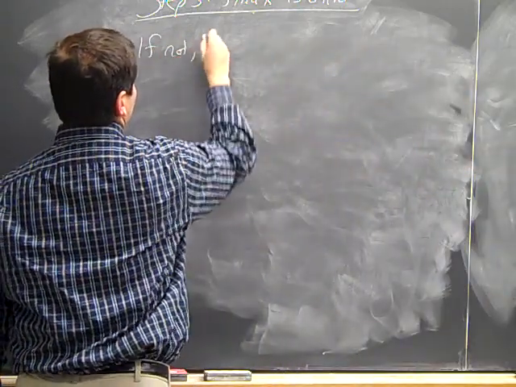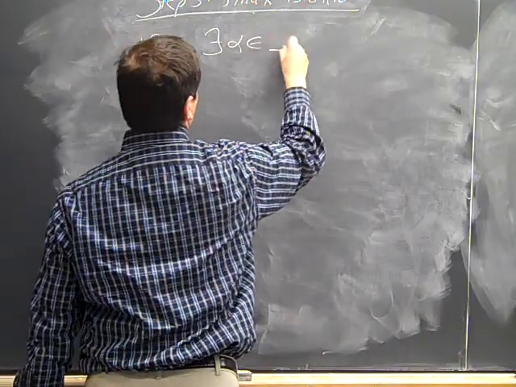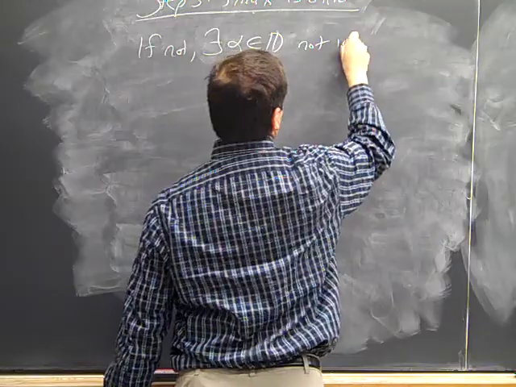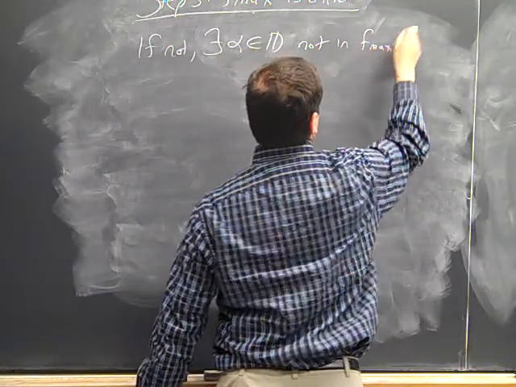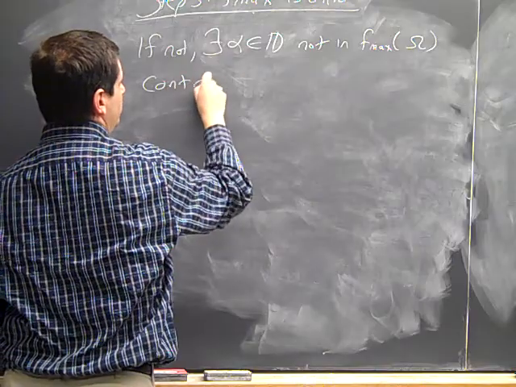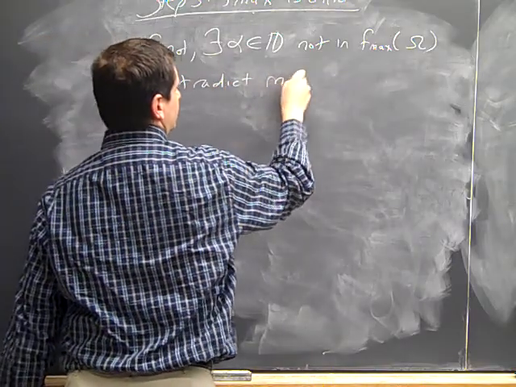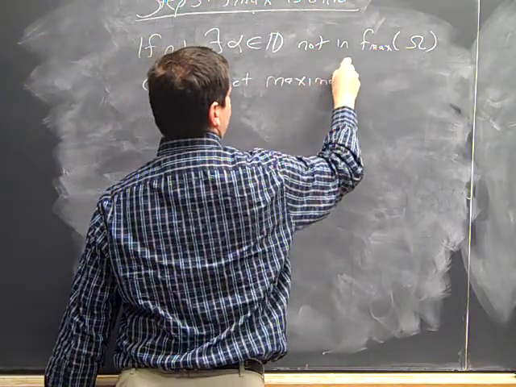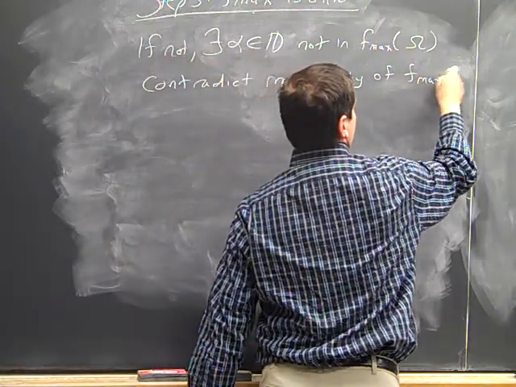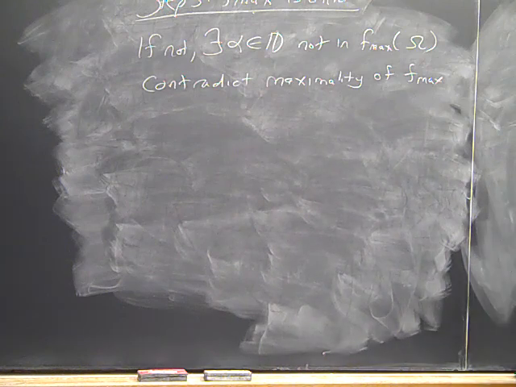If not, there exists alpha in D, not in f max of omega. It will contradict maximality of f max. You've seen arguments like this before.